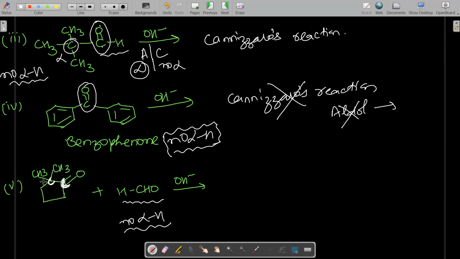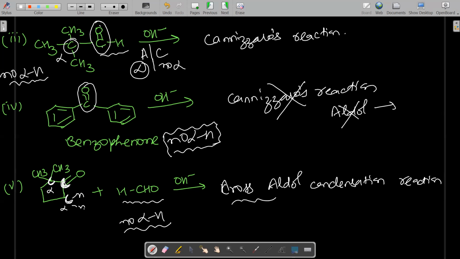This is the alpha carbon. This side no alpha hydrogen is present, but this side alpha hydrogen is present. So it will show cross aldol condensation reaction, right? Okay, correct. So it will undergo aldol condensation reaction, that is cross aldol condensation reaction.